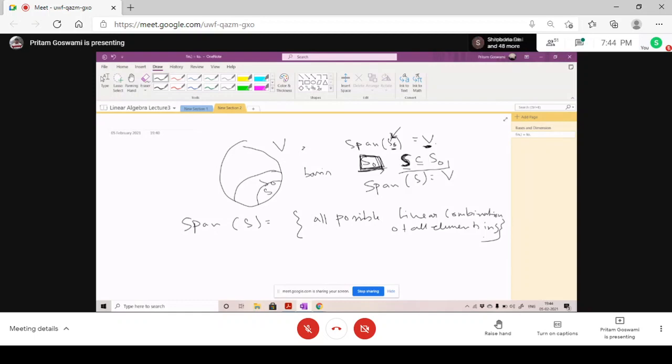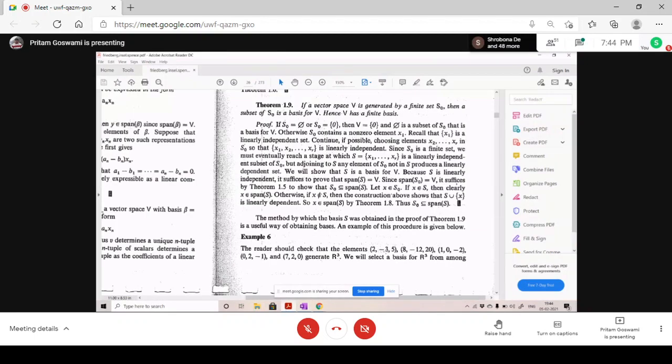Yes, sir. Okay. Now look here. These three vectors will also generate R3. Even these five vectors actually generate R3, these three and these two.